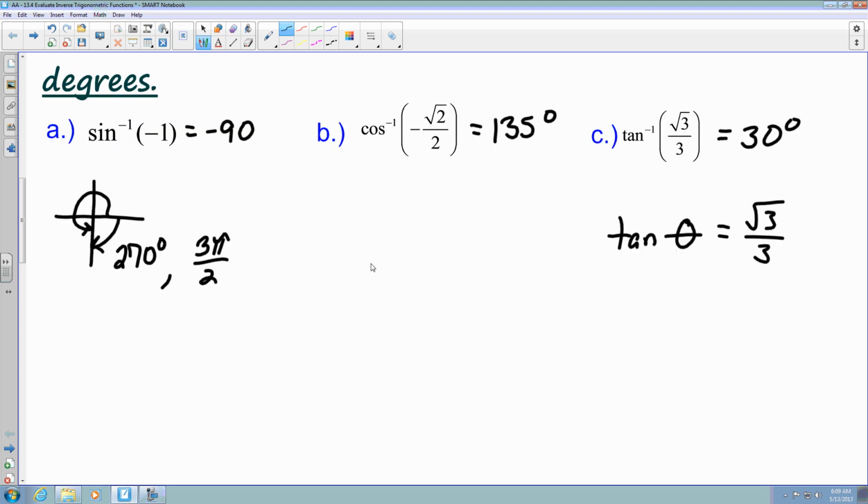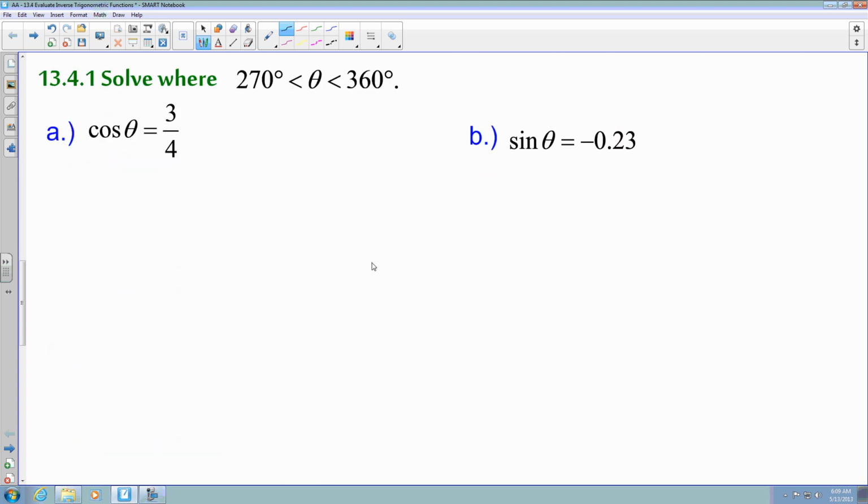For these examples, they want us to solve for the angle for the particular trig function, but they want that angle to be between 270 degrees and 360 degrees. Basically that means they want the angle to be in the fourth quadrant.